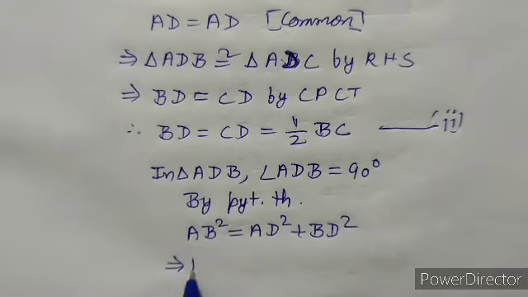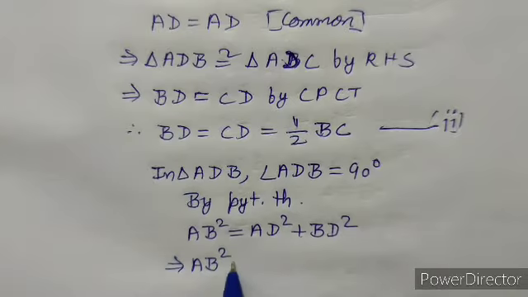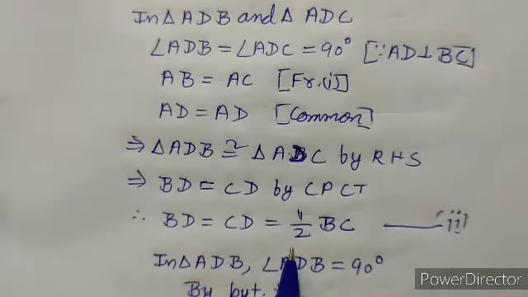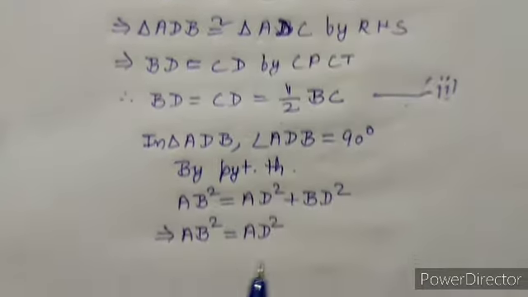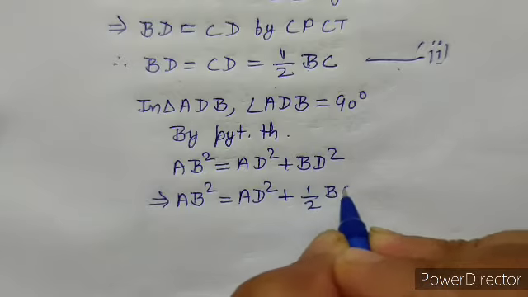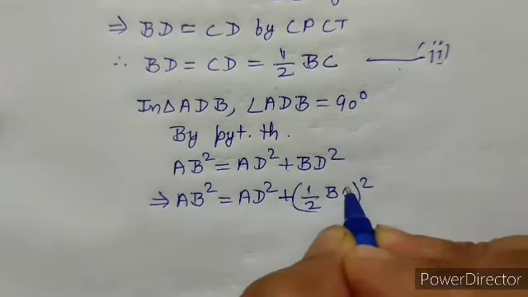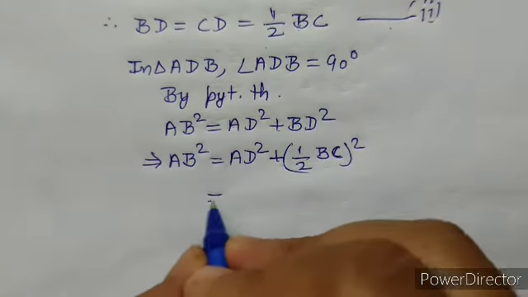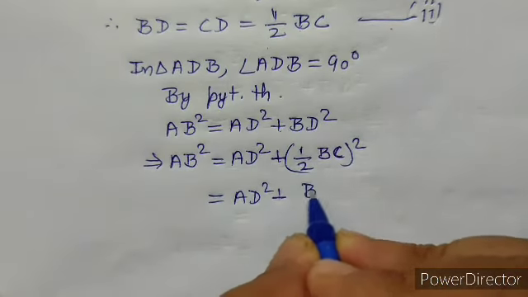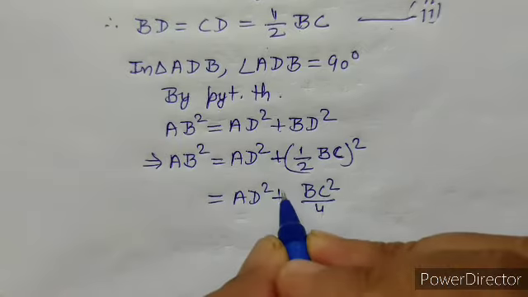Now this will be AB square equal to AD square plus BD square, and BD was half of BC in the second equation. In place of BD we can write BC upon 2. Now this will be AD square plus BC square by 4.